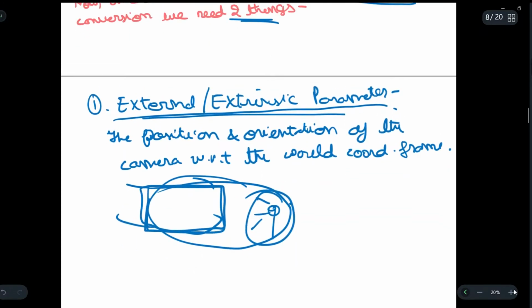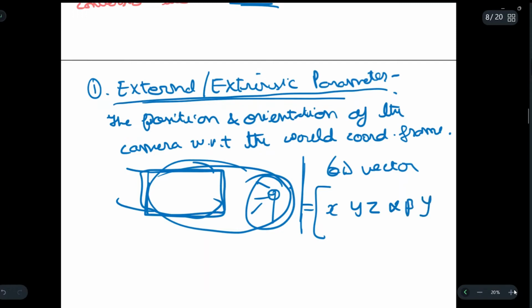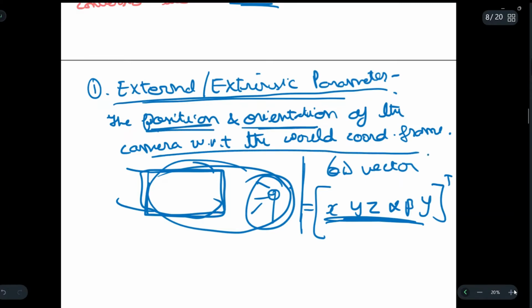It has six parameters which help us determine them. For example, we can say that we have a 6D vector with x, y, z, and alpha, beta, and gamma. These six parameters help us determine the position and the orientation of the camera with respect to the 3D world coordinate frame.